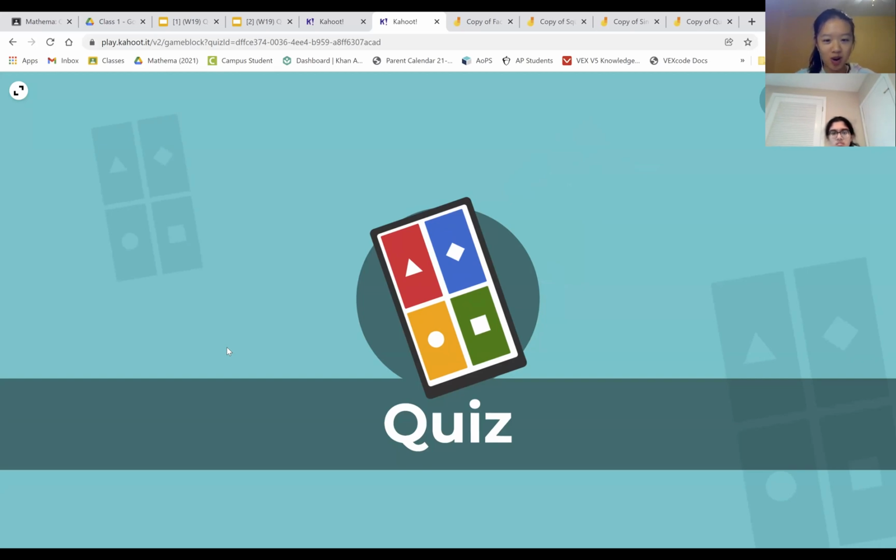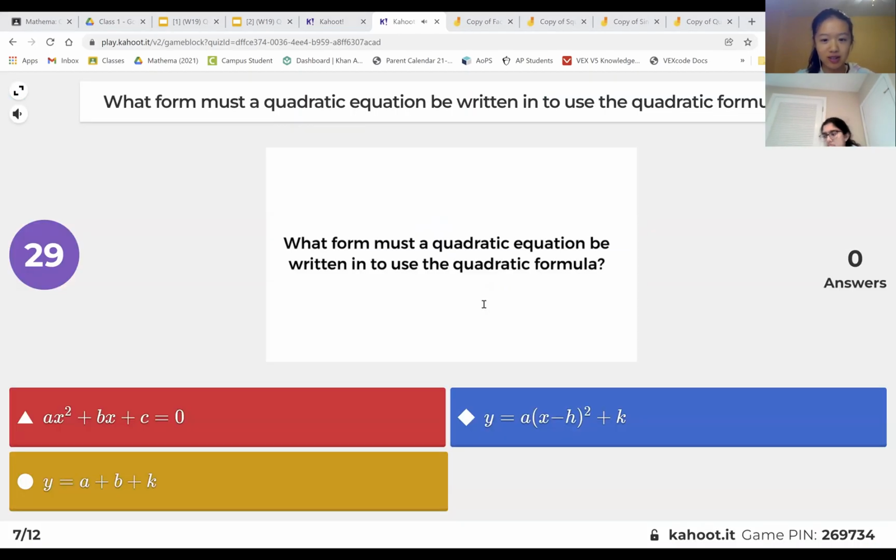What form must a quadratic equation be written in to use the quadratic formula? Technically, it can be written in any of these forms. You would just get it wrong. Yeah, which is like, you got an answer at least.